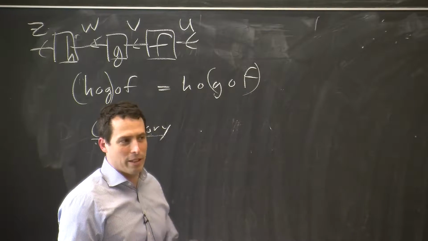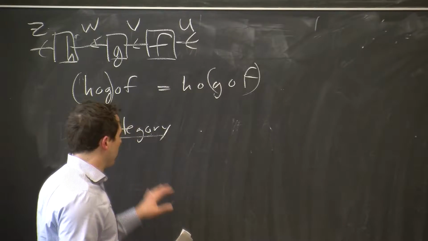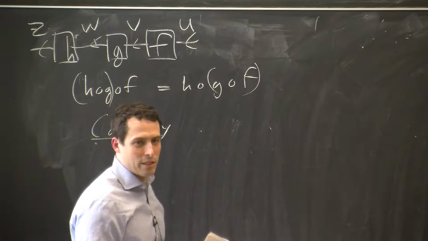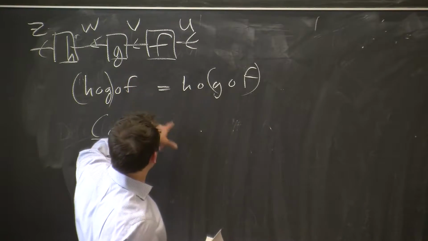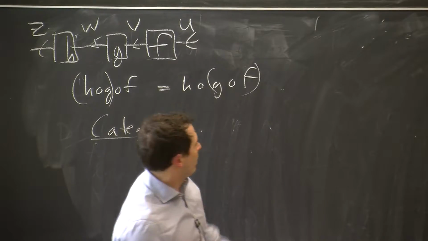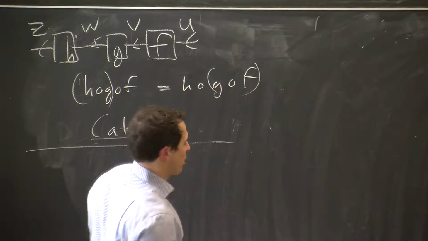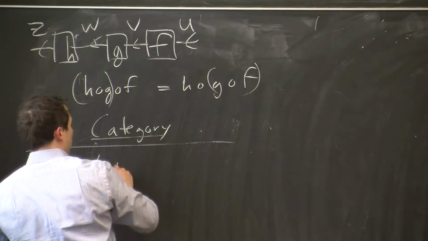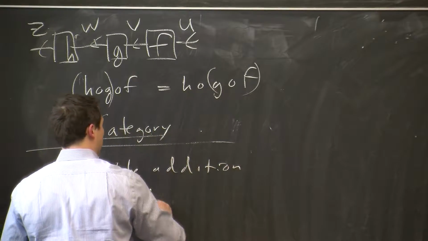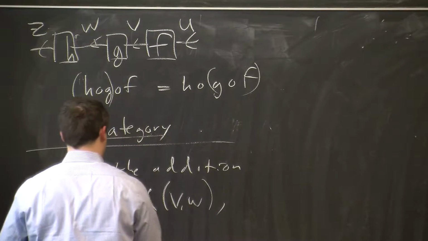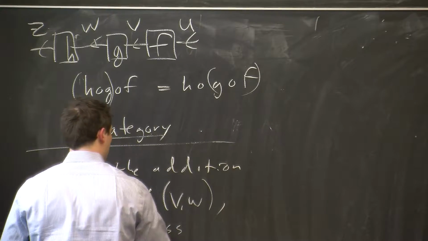Another example of a category is this one with finite sets and relations that we're talking about. It has a similar structure. There's an identity, it's an associative composition, and so on. One other thing we observed about this composition for vector spaces, which is not true for general categories because they don't always have a notion of addition, is that with the addition in the space of linear transformations, composition is distributive.